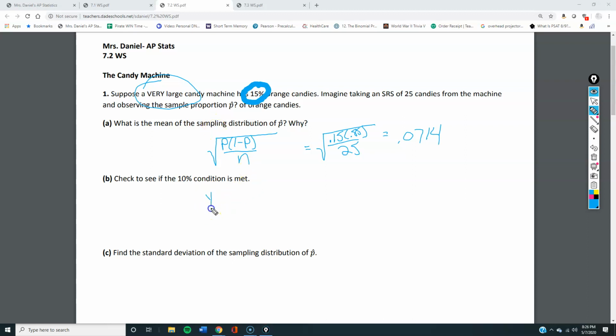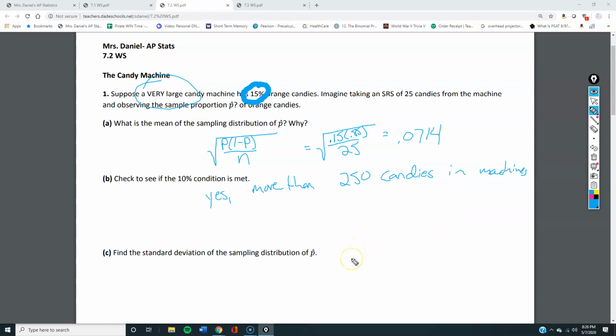Yeah, it's met, because it's very likely there are more than 250 candies in the machine. Remember, we have to check that, because if there aren't that many candies in the machine, the samples won't be independent, because every candy you take out changes the probability that much.